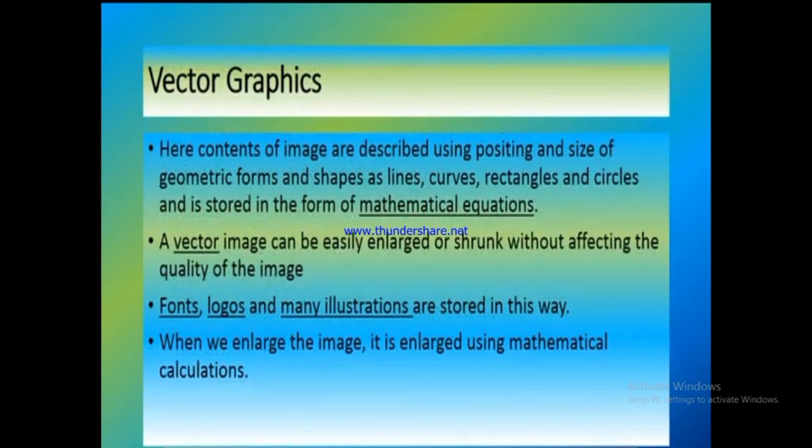But when you enlarge a bitmap image, it will blur and the pixels will get enlarged. Vector images, on the other hand, look the same when enlarged. This is because the data is stored in mathematical form and the values are recalculated when displayed on the screen.